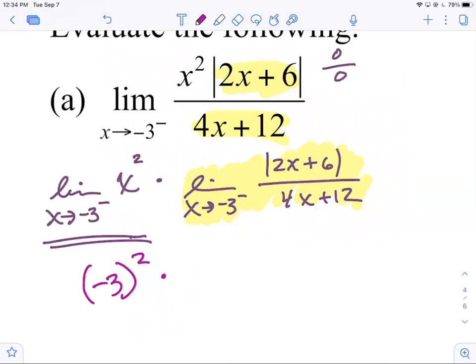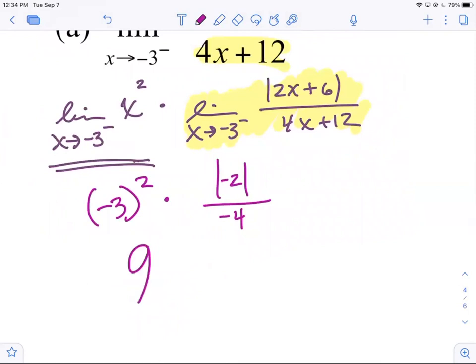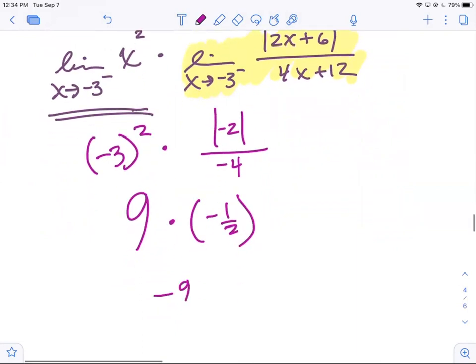I'm going to plug in a negative 4. I get the absolute value of negative 2 all over negative 16 plus 12, which is negative 4. So this becomes 9, and then that becomes 2 negative 4ths, which is negative 1/2. And so this becomes negative 9/2.